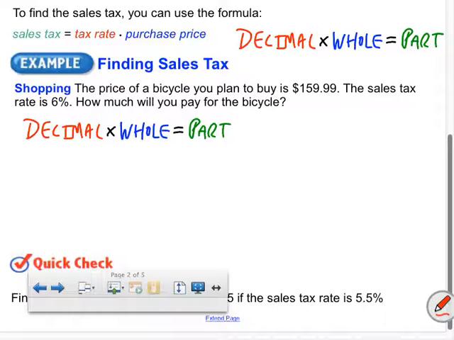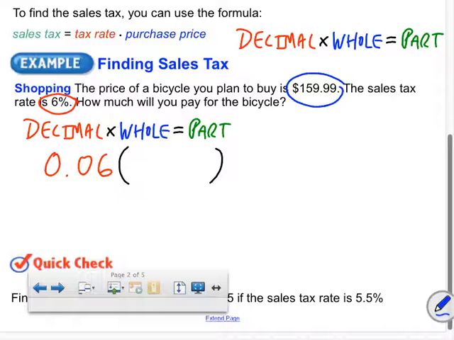So what's the decimal part going to be? 0.06. Nice. You gave the right decimal too. This morning I had some students give me 0.6. That's 60% sales tax, right? Don't make that mistake. It's 0.06, which is 6/100. You need to multiply that by the whole. What's the whole going to be?